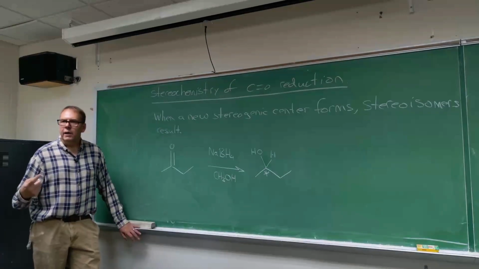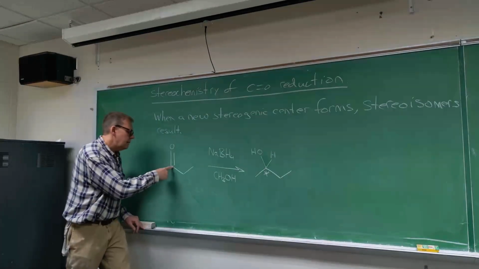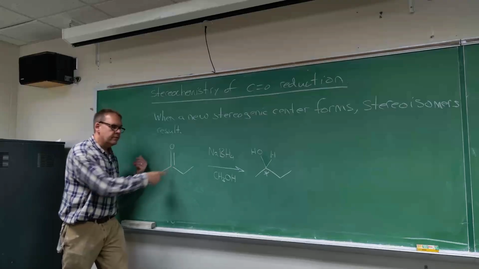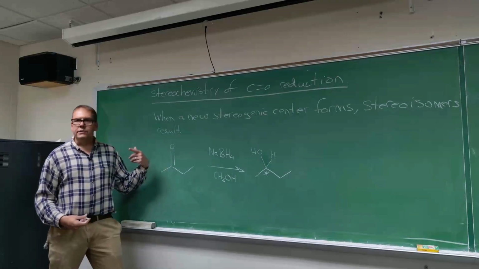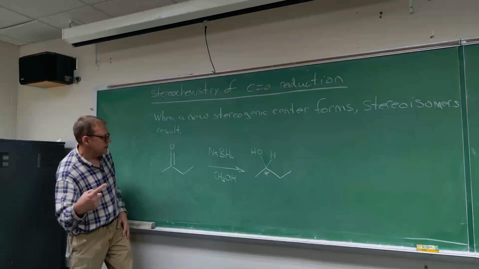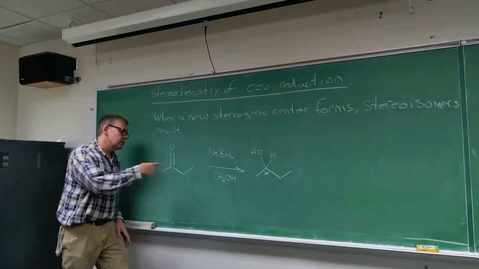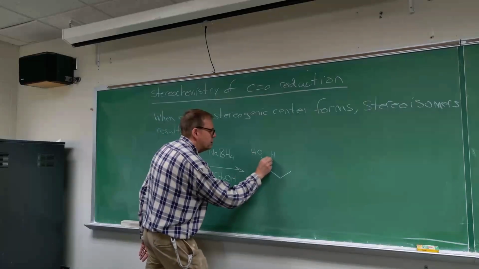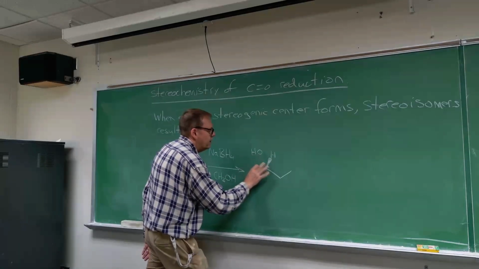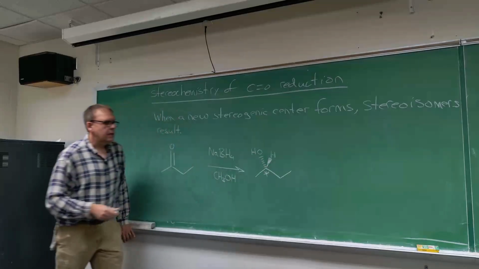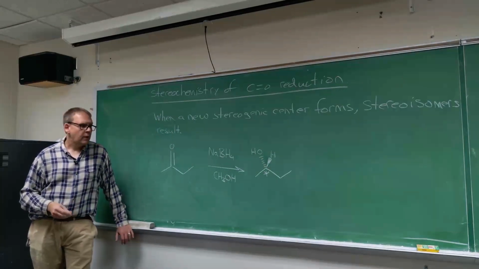The H minus can't distinguish between the top face and the bottom face, the face closest to you or the face furthest away, so both are going to be reactive. Some of the time the H minus is going to come in from the side closest to you, with a wedge bond orientation, so this H is on a wedge bond and the OH gets pushed into the plane of the board and is on a dash.